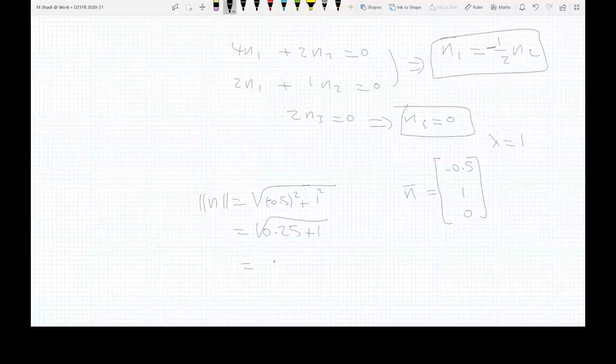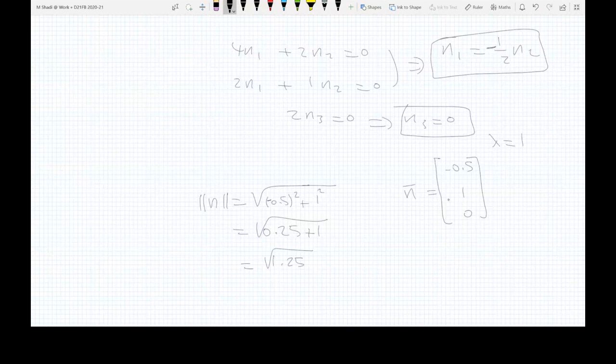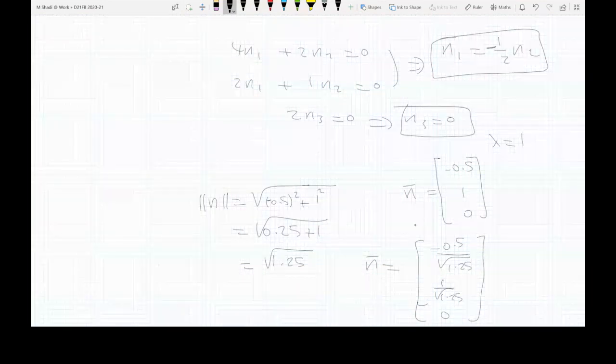So this is going to be the square root of 1.25. I'm not going to calculate the exact number for the square root of 1.25, I'm just going to divide by it. So n is equal to minus 0.5 divided by the square root of 1.25, and then we have 1 divided by the square root of 1.25, and then we have 0. This is the normalized vector, and this is the eigenvector for lambda equal to 1.